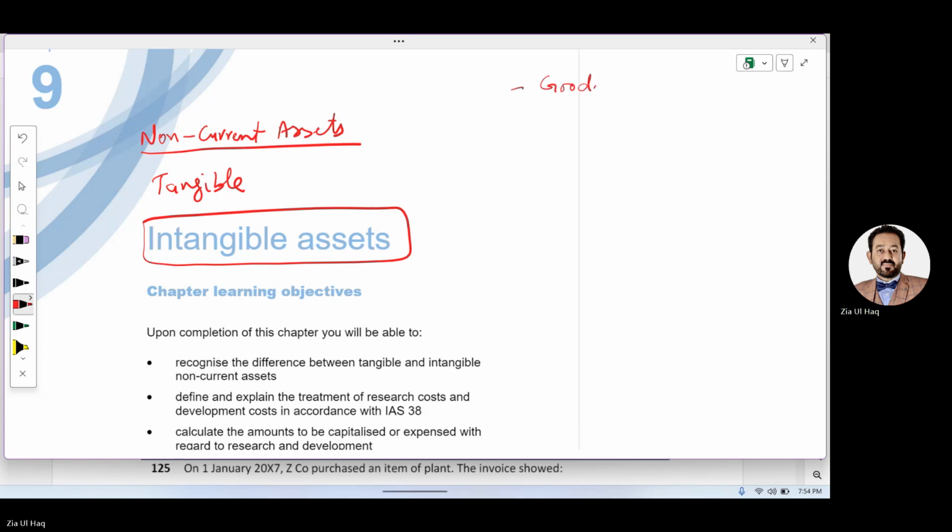Goodwill, patents, copyrights, trademark, development cost. These are different examples of intangible assets.